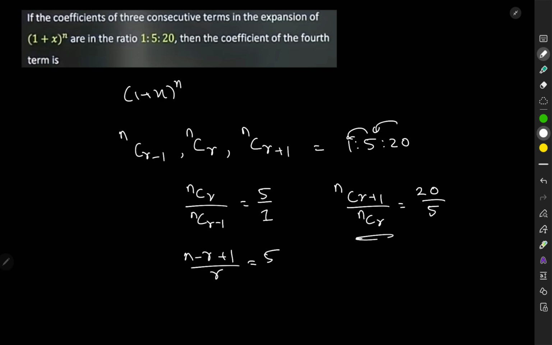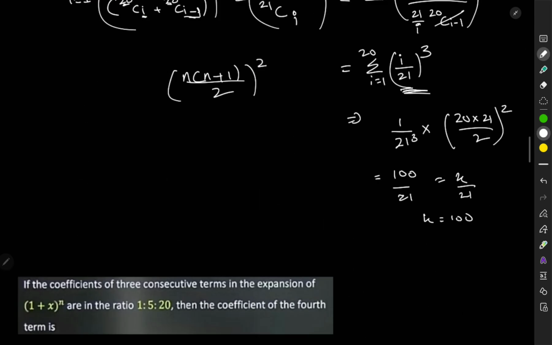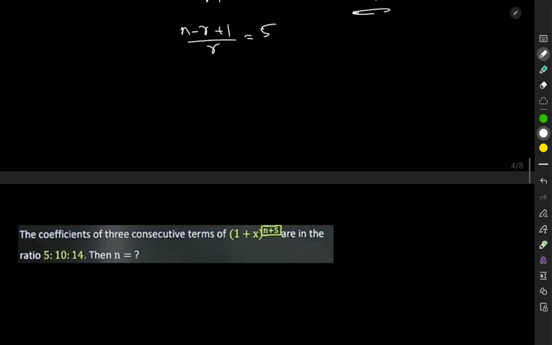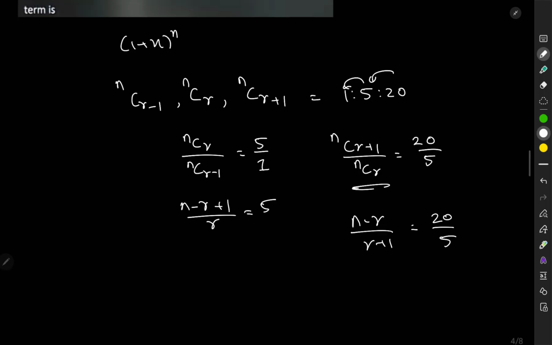Similarly, for this we'll use n minus r by r plus 1, hope the equation is correct, which is equal to 20 by 5.